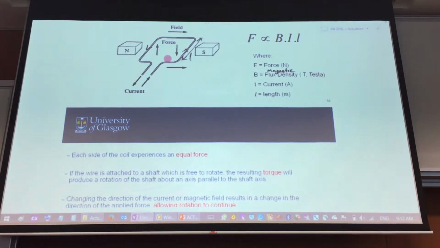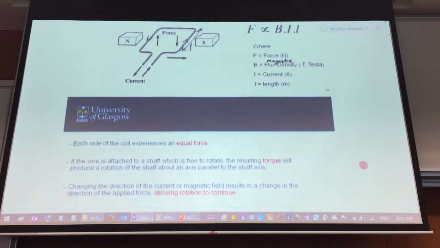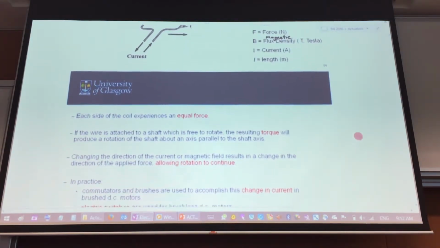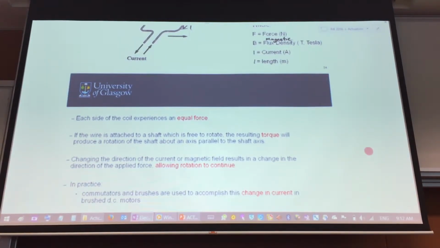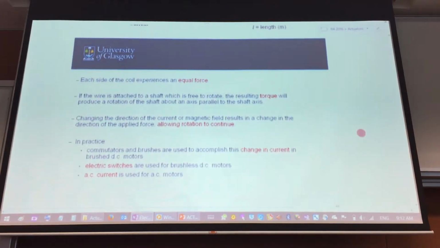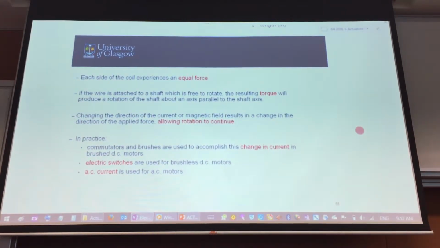And if you want a larger amount of torque, those are the things that you look at to increase: your magnetic flux and current in the loop. Because of the commutator, it's able to continuously rotate without the need to change the current direction, because inherently it's changing by rotating, and the current will actually change.